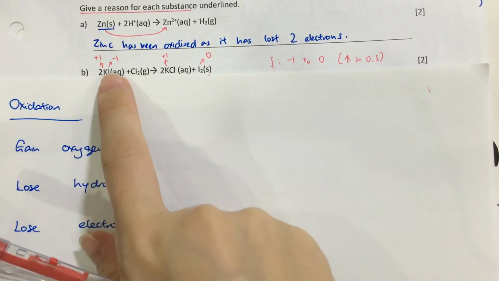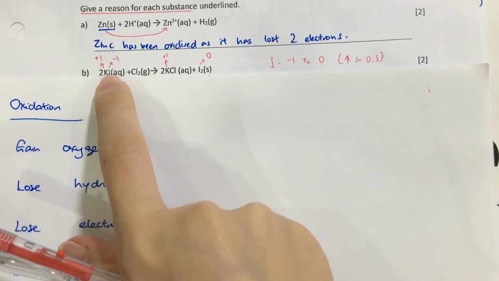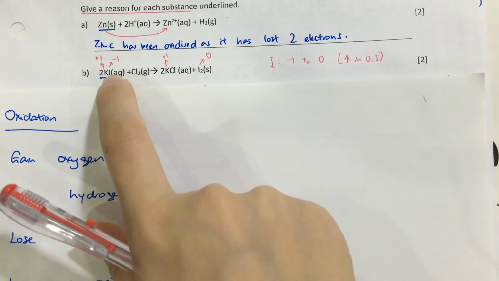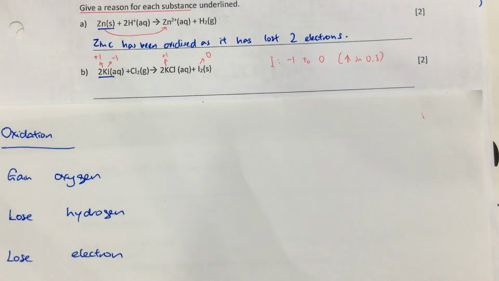Okay, so because the oxidation state of my I is changing from minus 1 to 0, this is the one that has been oxidized. So I underline it and I write the whole thing down.